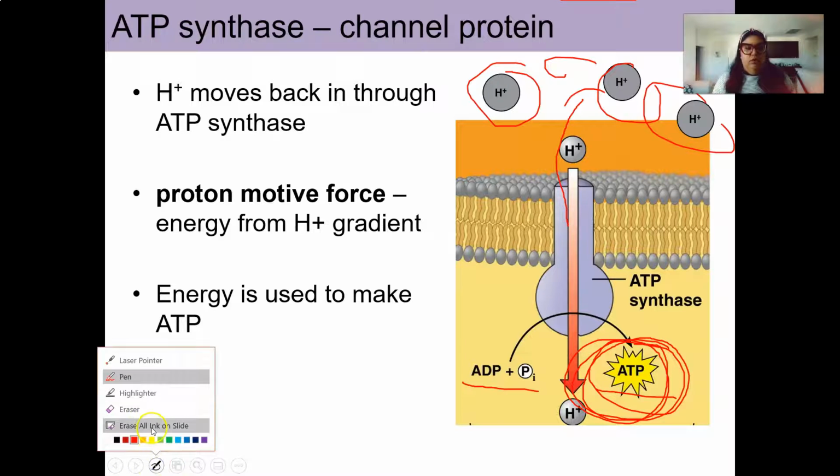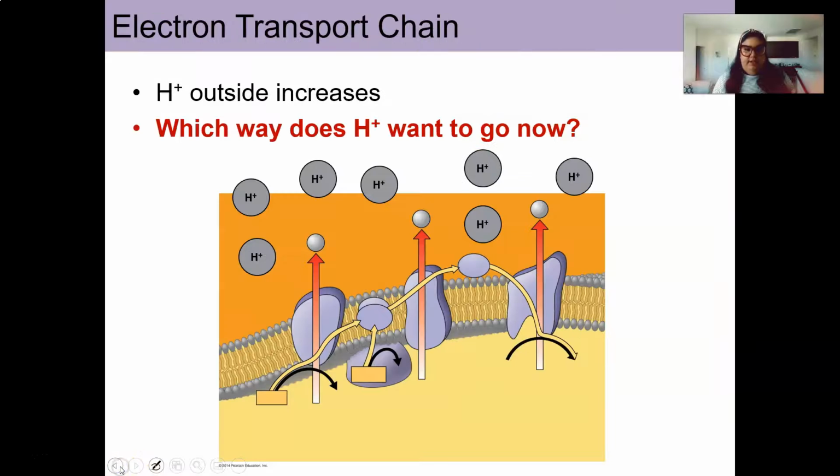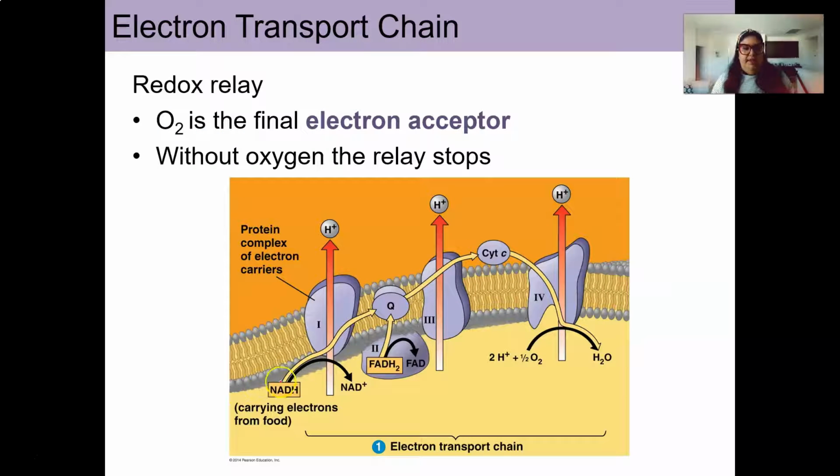So let's think about this for a second. How did this happen? We basically moved electrons from molecules. We took all of our electrons from bonds that we broke off of glucose that came from carbohydrates, and they moved through these protein complexes.